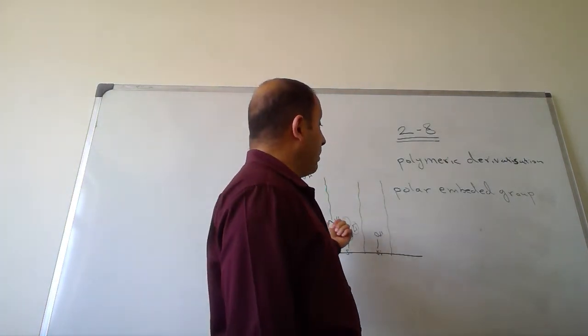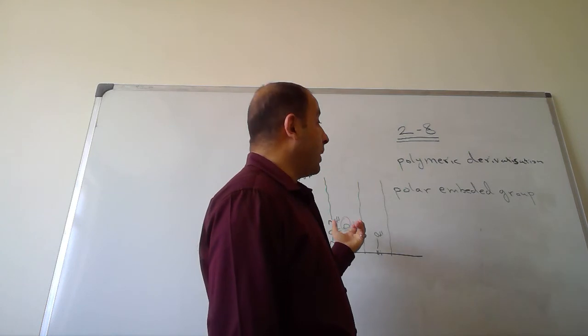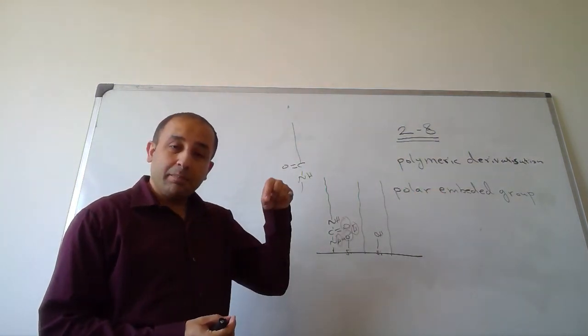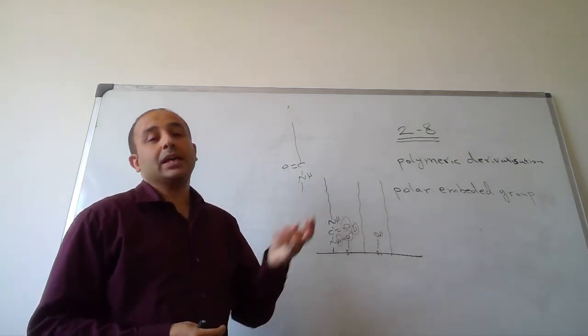That's why we call the polar part, which is the amide part here, polar embedded group, because it is embedded between silica and hydrocarbon.